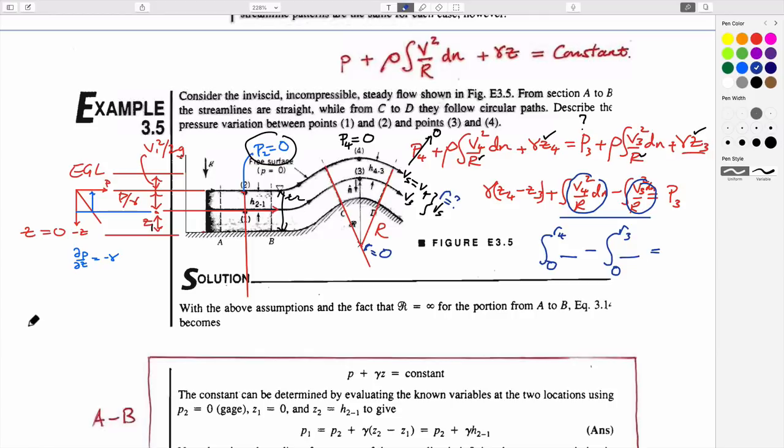And if you think of what an integral is, for some function f of R, it's just this. So the integral to R4 is just this area under the curve here. The integral to R3 is this area under the curve here. If you subtract one from the other, then this is just equal to the same integral, R3 to R4.